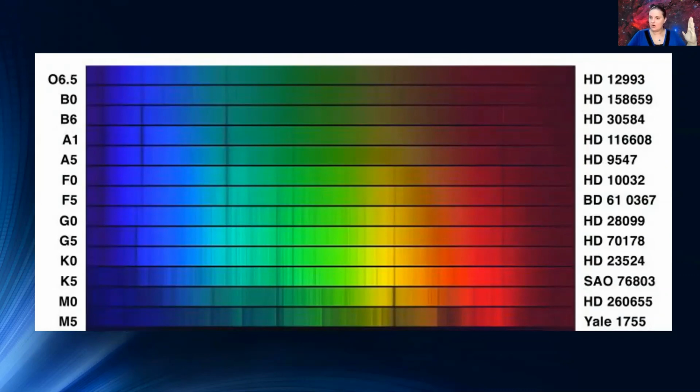So the closer you are to the left, you are a 0. The closer you are to the right, you're a 6 or a 7. It's basically a sliding scale depending upon all the different other factors of that particular star.